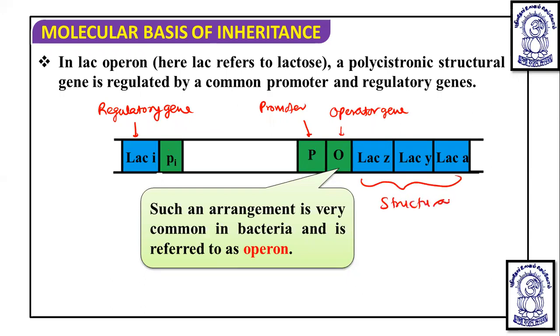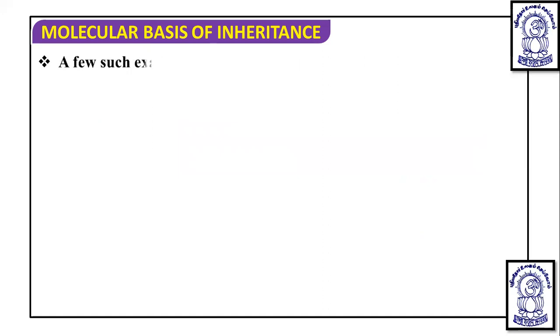Structural genes code for the enzymes, and here three genes are there, with a common promoter and common operator. So these three genes form one common mRNA, and that mRNA is known as a polycistronic mRNA. These genes are known as polycistronic genes. Remember, the product of this regulatory gene binds with the operator gene, and this arrangement of genes is known as an operon.